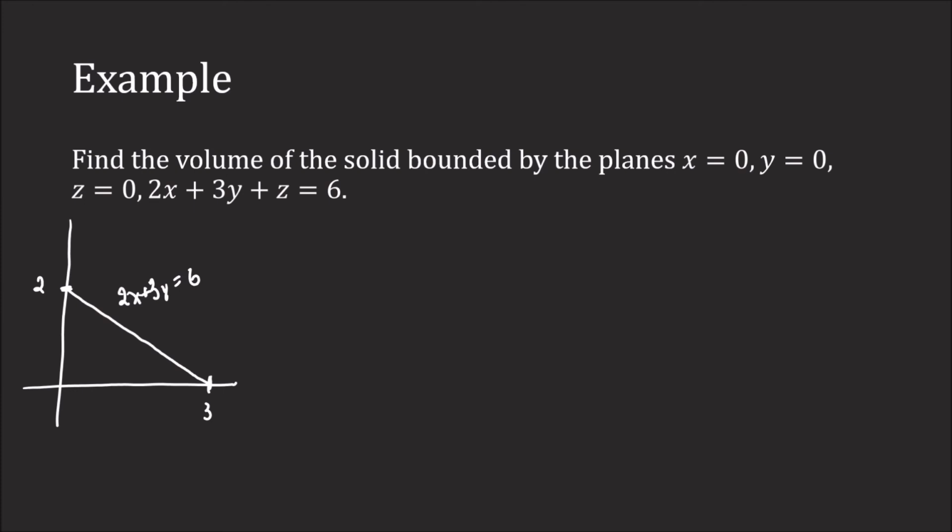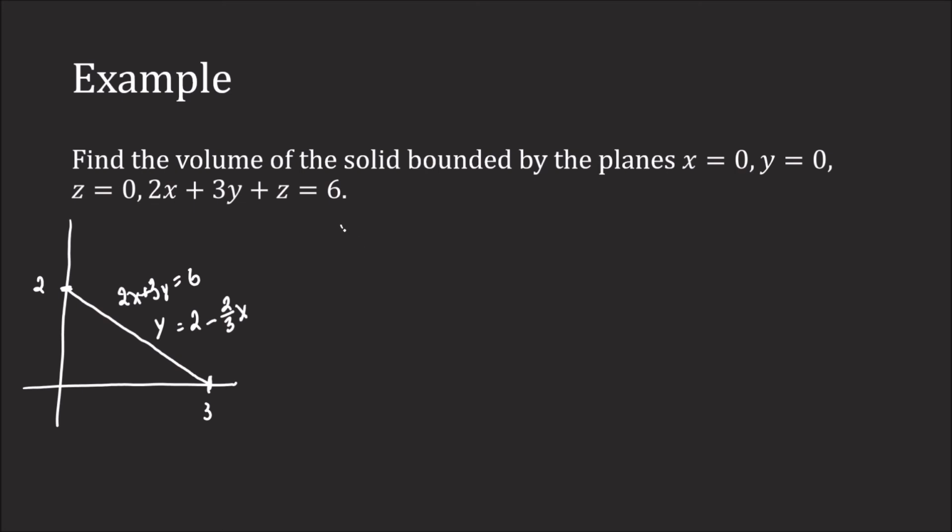Now we can define this either vertically or horizontally simple. So let's make it vertically. So y is equal to 2 minus 2/3 x.